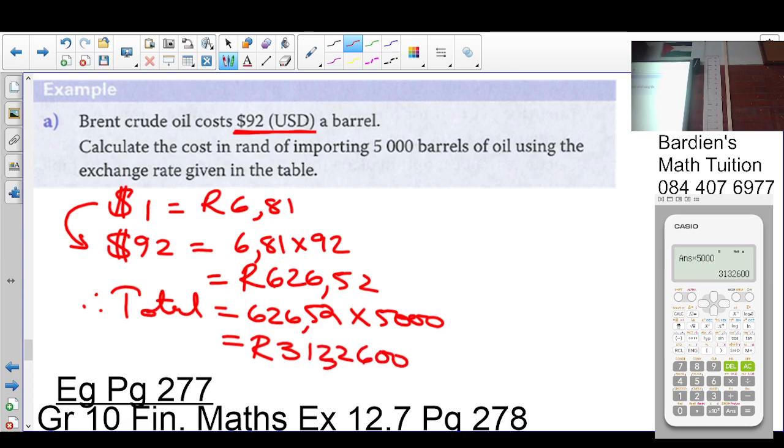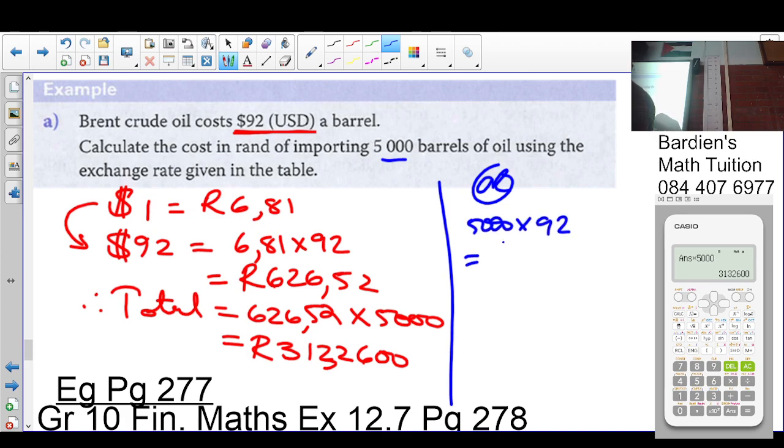That gives 3,132,600. You guys understand? It's either that, or what you could have done is work out first the cost of 5,000 barrels of oil in US dollars. 5,000 times 92 gives us a total cost of $460,000.